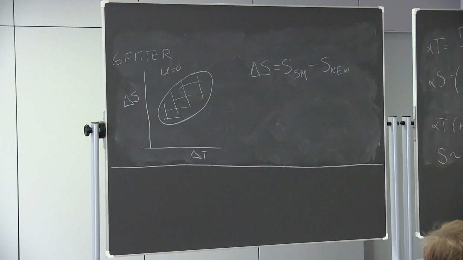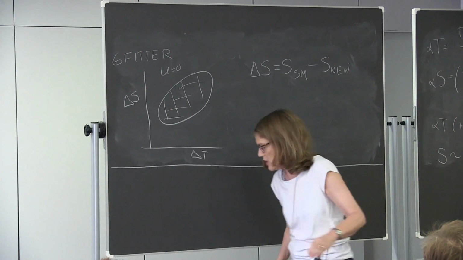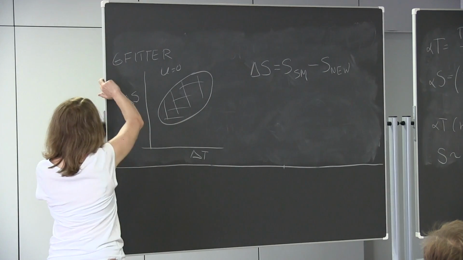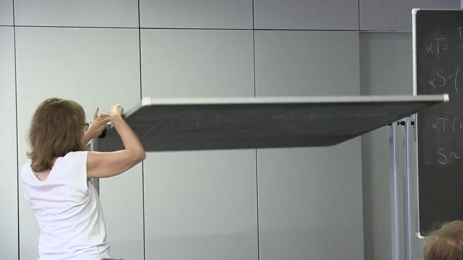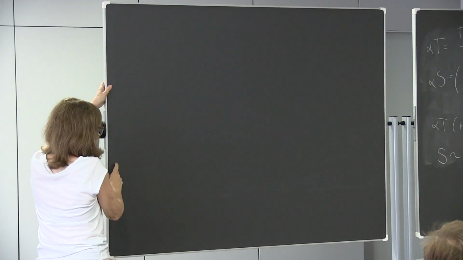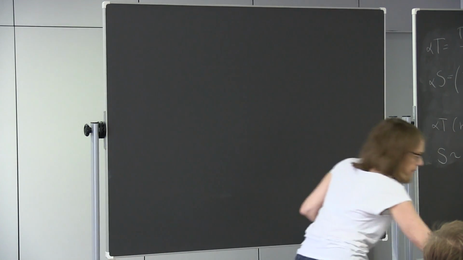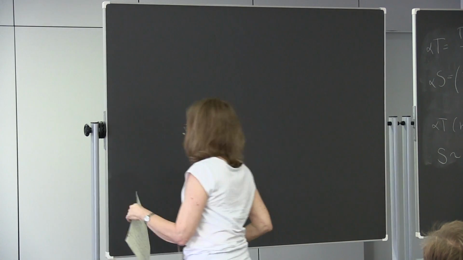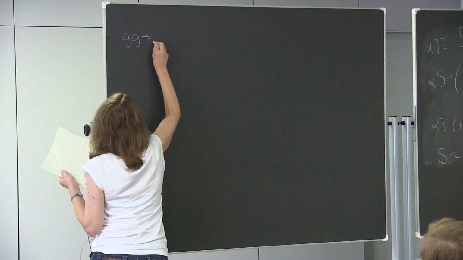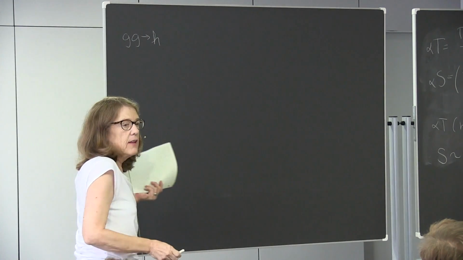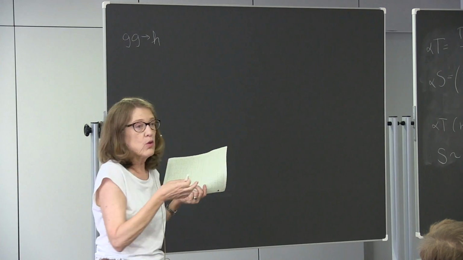Okay, since I'm changing topic, I'll change the blackboard. I'm going to start with gluon goes to H, and then either at the end today or tomorrow I'll have H goes to 2 Z's, or I'll have gluon goes to 2 Higgses.